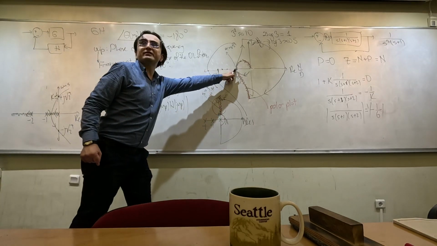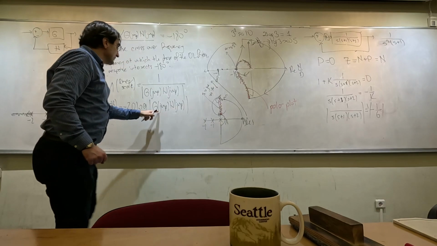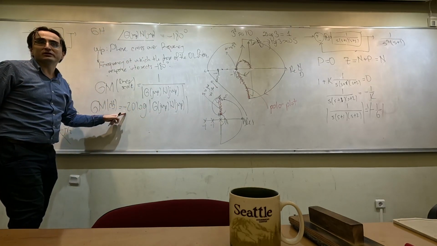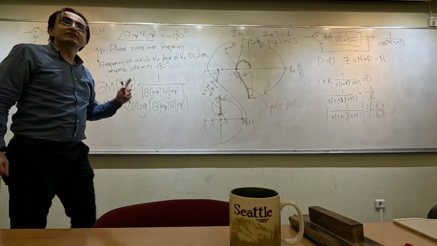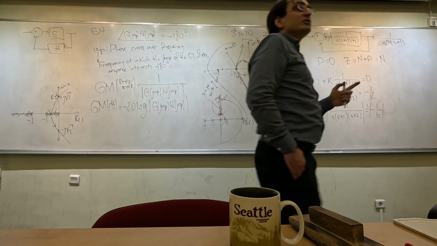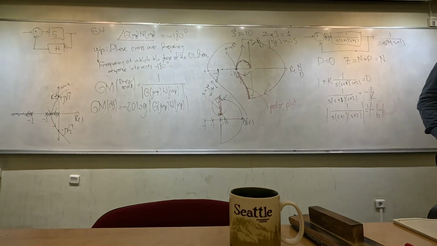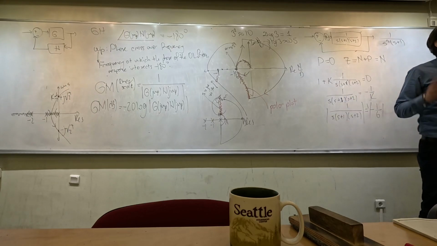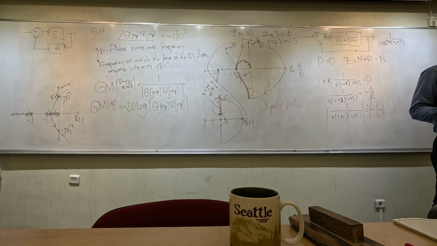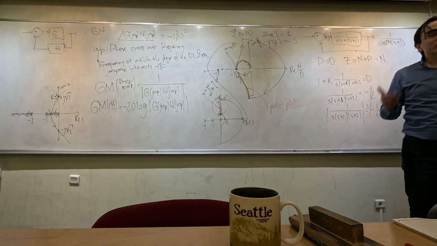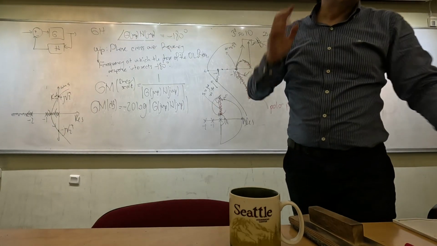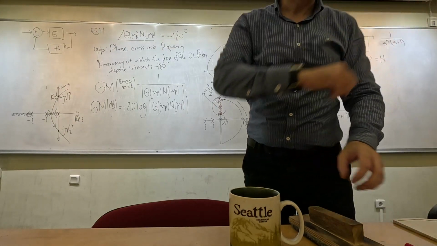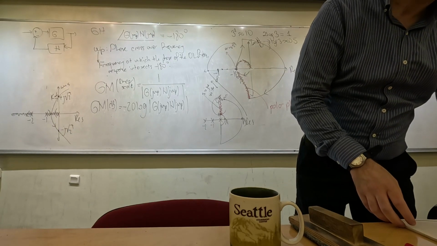If the magnitude is smaller than 1, then gain margin is going to be positive. That is why we say that for a closed loop system to be stable, we need the gain margin in dB scale to be a positive number. We need positive gain margin in order for a closed loop system to be stable.